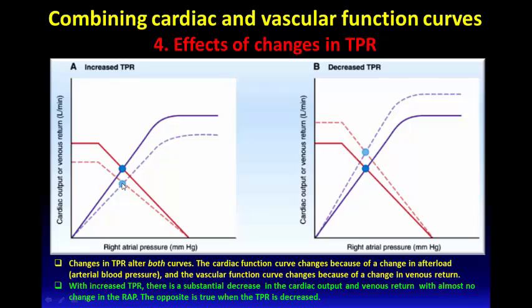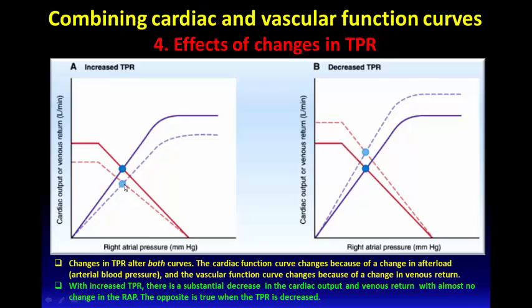Thus, with increased total peripheral resistance, there is a substantial decrease in the cardiac output and also in the venous return, with almost no change in the right atrial pressure.